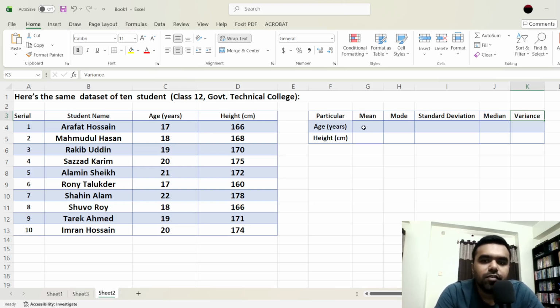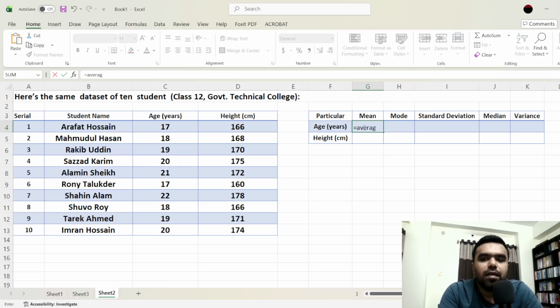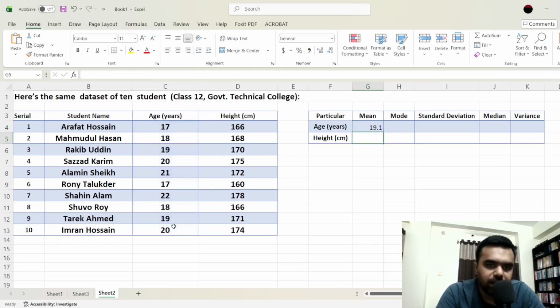Let's see what I can do. We have to use the average function to get the mean of their ages. 19.1. The mean, the average age of the students, is 19.1.